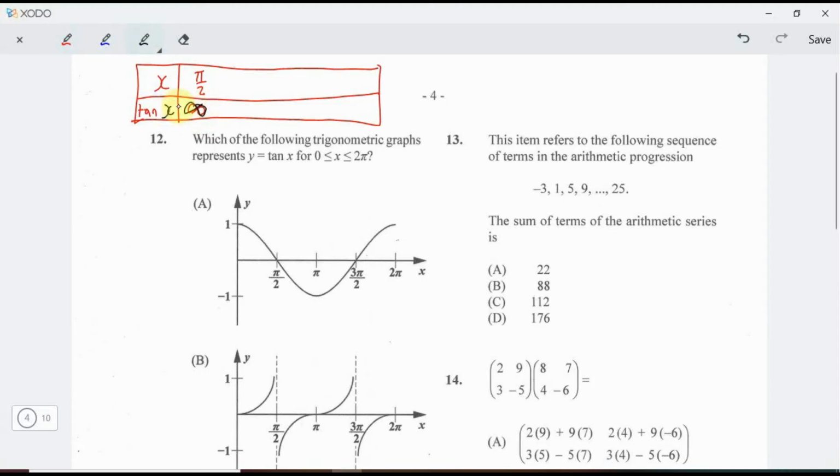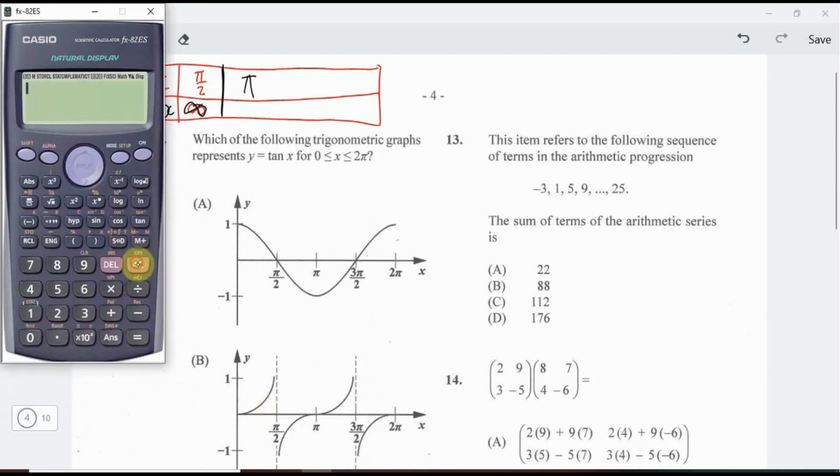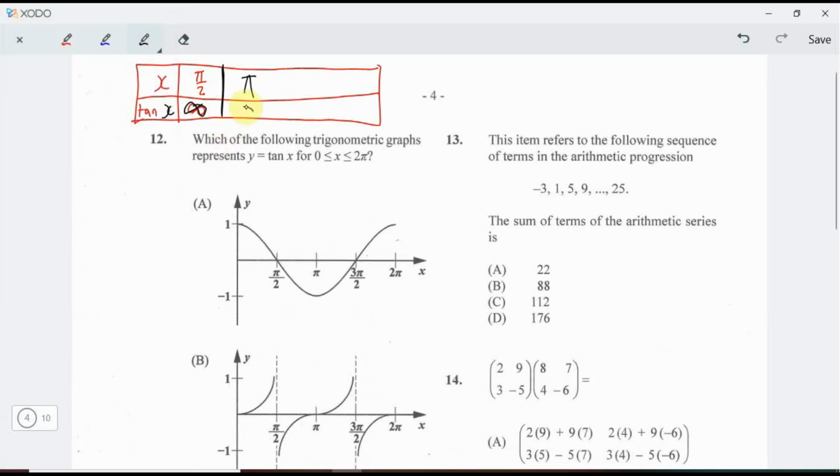Alright, so this is our y value. It's undefined, so we'll put some dotted lines, or we call it a vertical asymptote. Now, the next value is pi. The tan of pi is the tan of 180. If you don't remember, you put in a calculator, tan 180. Tan 180 is 0. Then you put in 3 pi over 2.